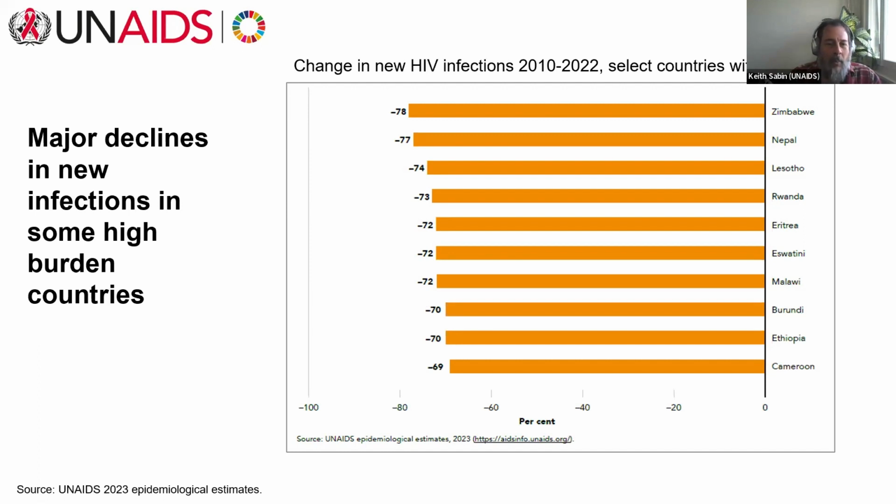We can see Zimbabwe is leading the way, followed by Nepal, Lesotho, Rwanda, etc. So clearly we're doing well in a number of countries, and with Nepal's presence here, it's not just these broad general epidemics, but it's also at least one country where the epidemic is concentrated primarily among key populations and their partners.